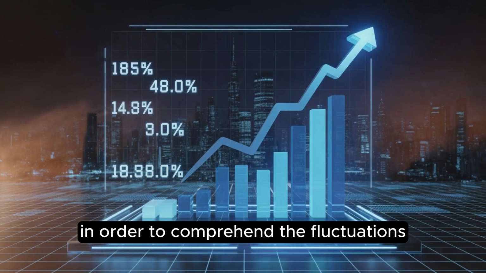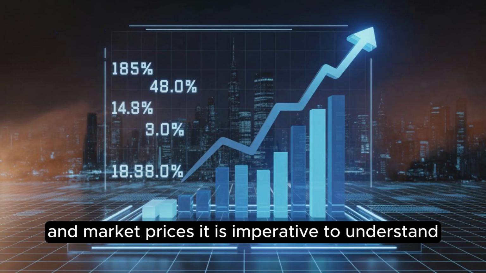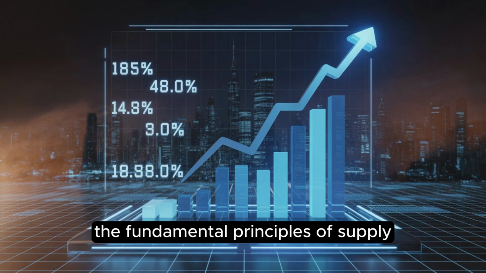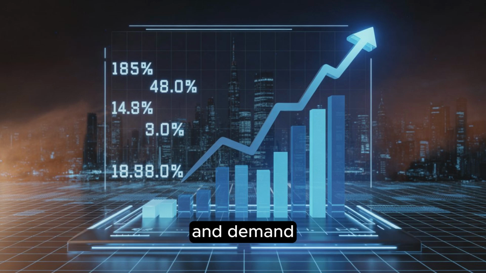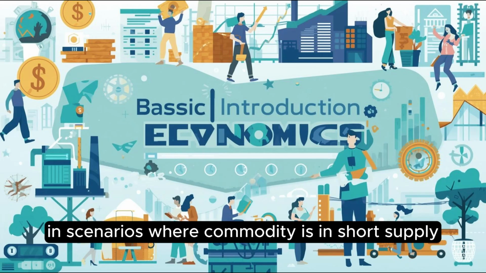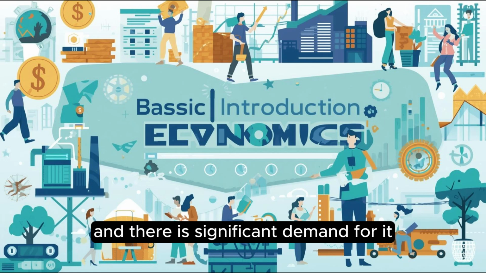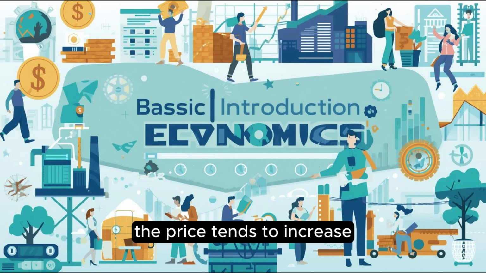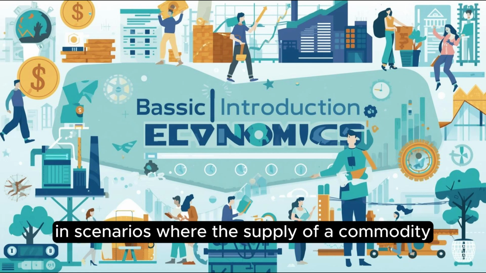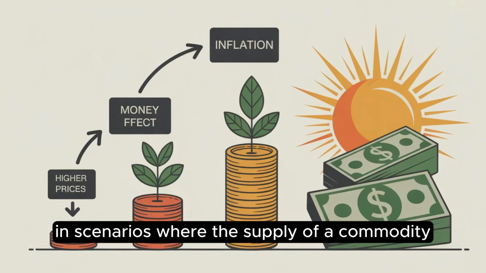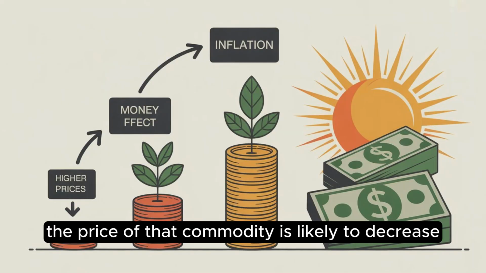In order to comprehend the fluctuations in market prices, it is imperative to understand the fundamental principles of supply and demand. In scenarios where a commodity is in short supply and there is significant demand for it, the price tends to increase. In scenarios where the supply of a commodity exceeds the demand for it, the price of that commodity is likely to decrease.